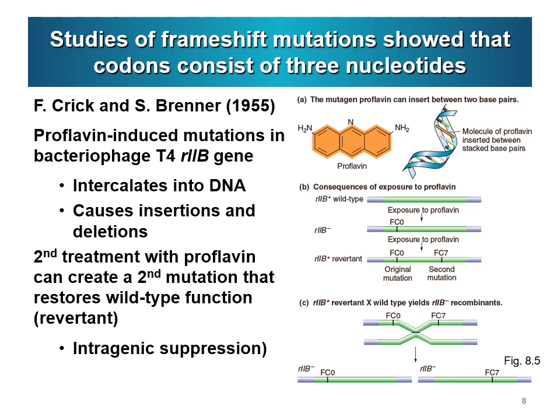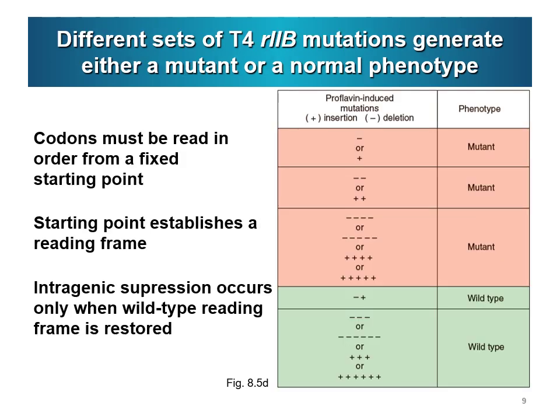What was happening was that one mutation was a deletion, another was an insertion, and both of them were shifting the entire genetic sequence one way or another, and they were compensating for each other. So, what was the conclusion from the experiments?